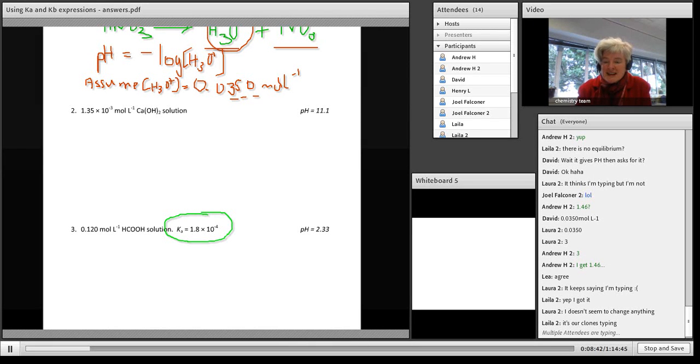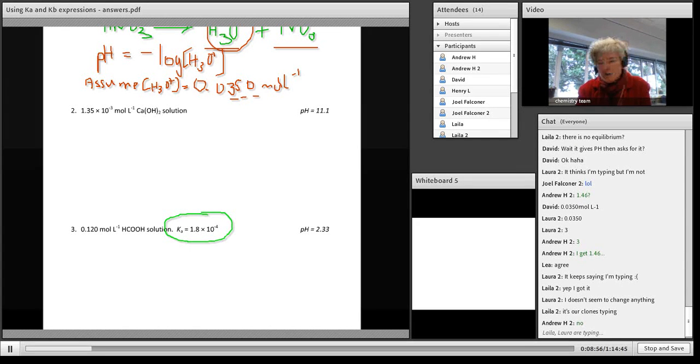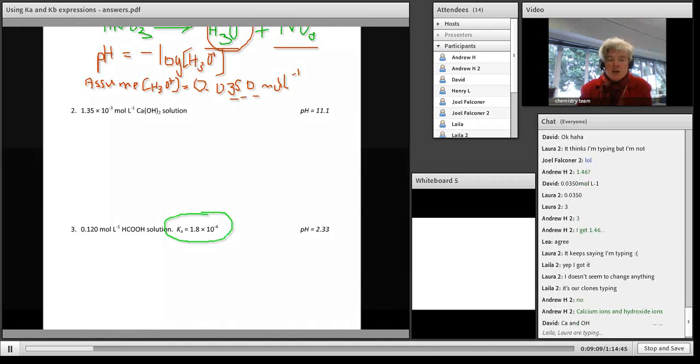But what does dissolve of the calcium hydroxide, does it stay as calcium hydroxide, as in like a molecule of it, or does it stay as calcium ions in solution and hydroxide ions in solution? A tiny bit that does dissolve. So a few of you are typing the calcium ions and hydroxide ions. Great. So it is a strong base. So it's not very soluble, but it is a strong base.